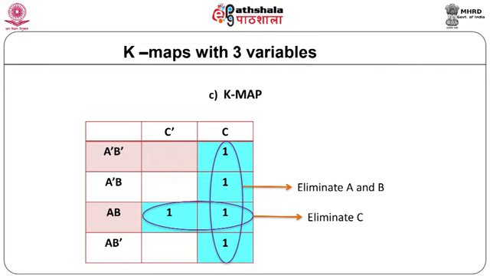From the chord, A B are eliminated and C remains. Similarly, in the pair, C is eliminated and A B remains. Thus, the Boolean expression is y is equal to C OR with A B. This is the way we can simplify the Boolean expression of 3 variables.